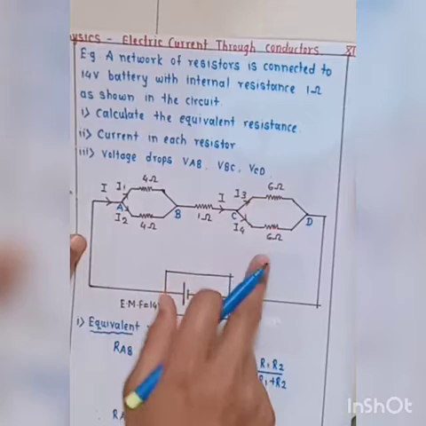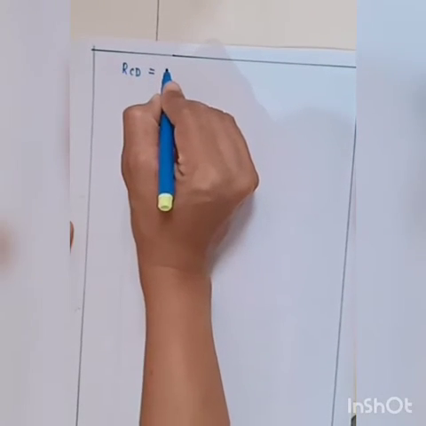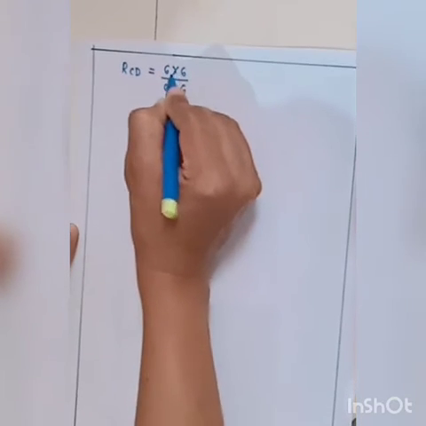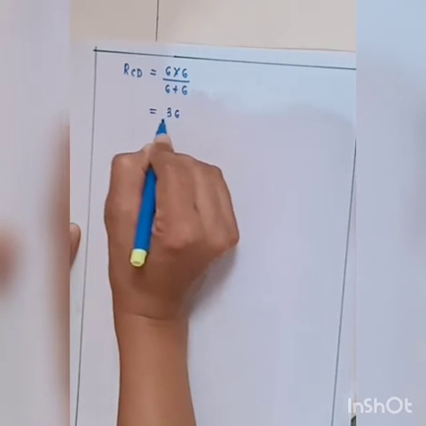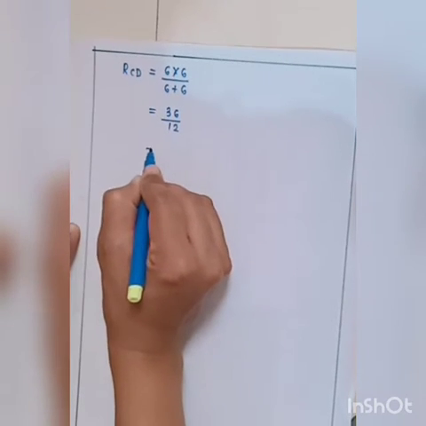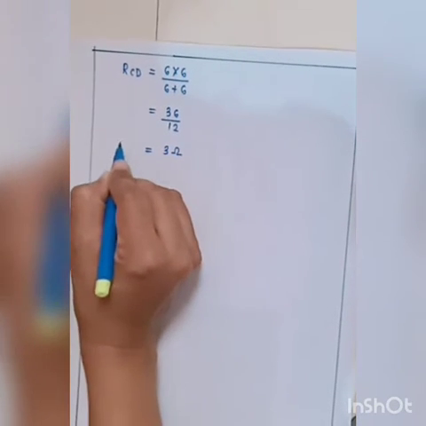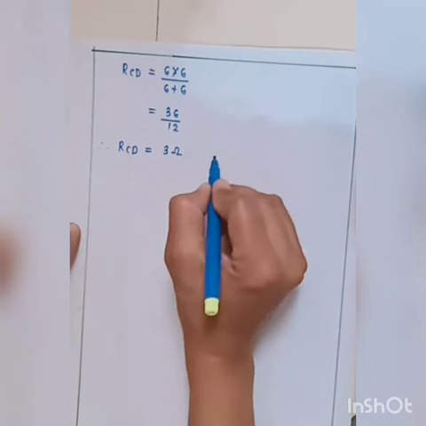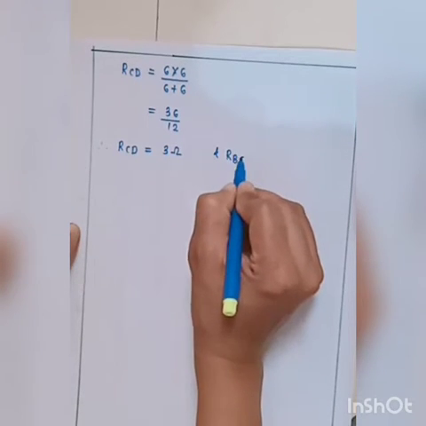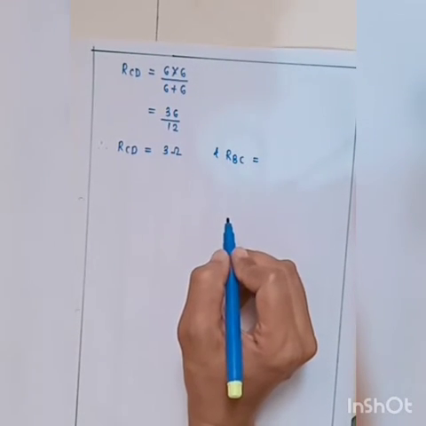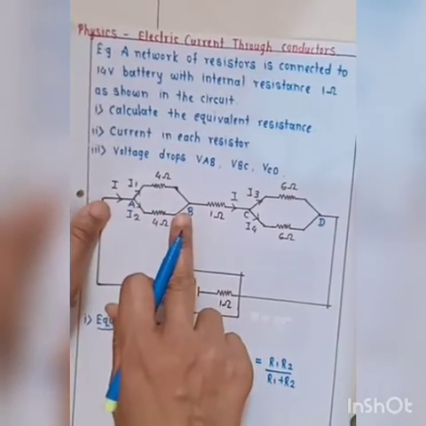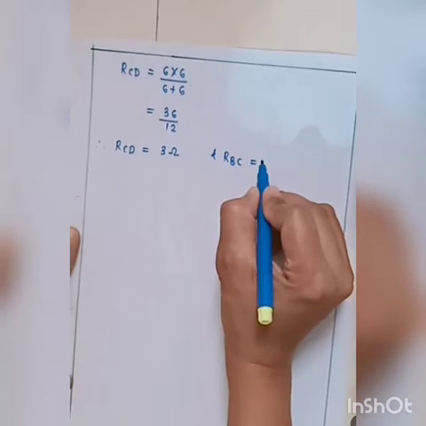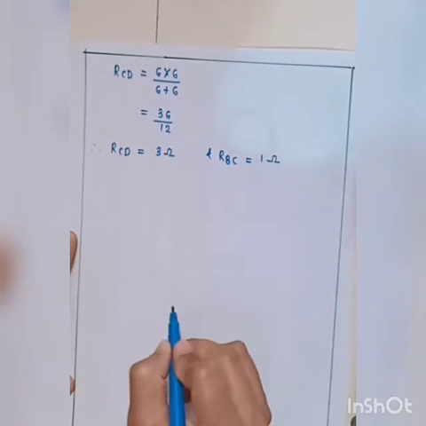So 6 into 6 upon 6 plus 6, so we get 36 divided by 12, that is 3 ohm. So resistance across CD is equal to 3 ohm and the resistance across BC is already given, that is 1 ohm. So RBC, that is resistance across BC, is 1 ohm.